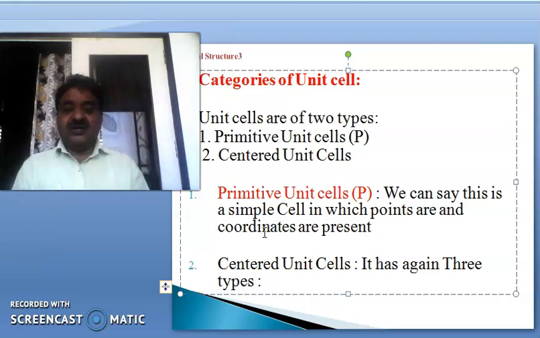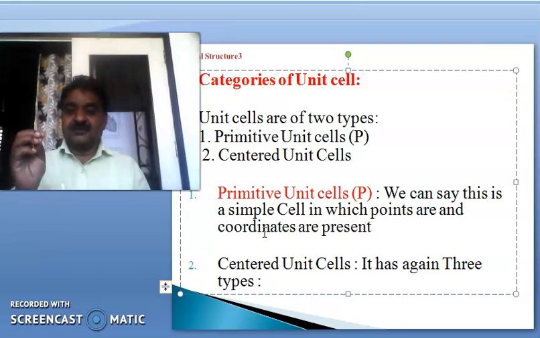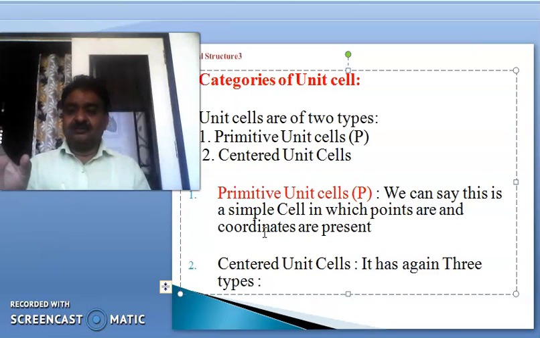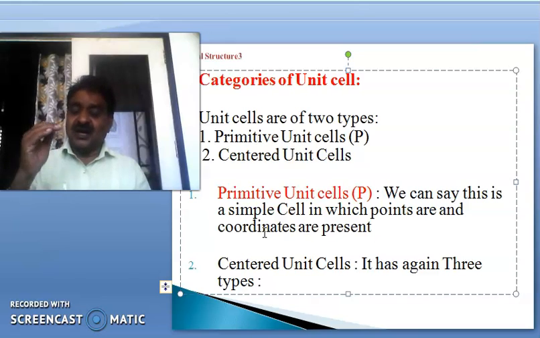So basically two unit cells, primitive and centered. Primitive means simple cell, and centered unit cells again include three types. What are those?